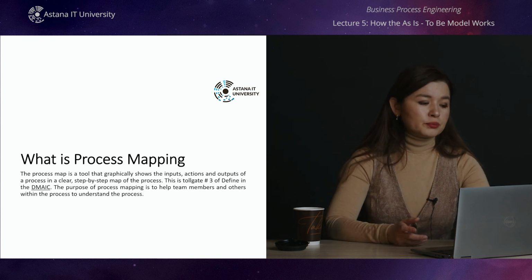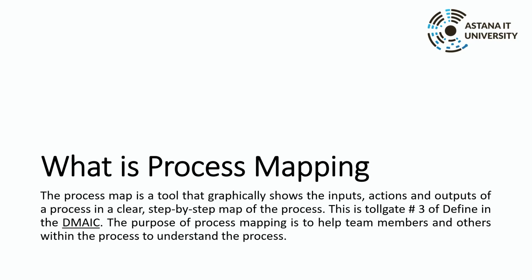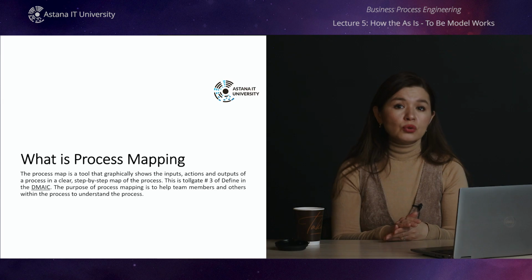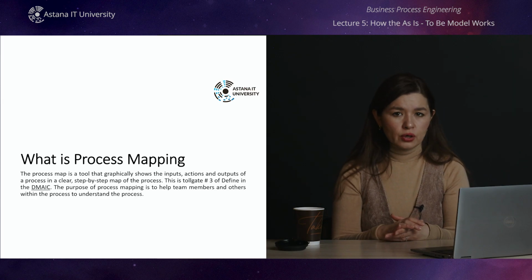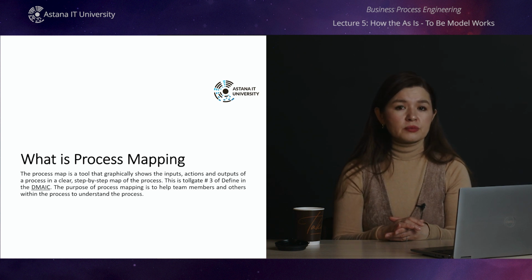What is process mapping? Let's consider. Studying process mapping is essential because organizations gain a clear understanding of how their processes work from start to finish. Process mapping is a visual representation tool used to illustrate and document the sequence of steps, activities, inputs, and outputs involved in a specific business process.